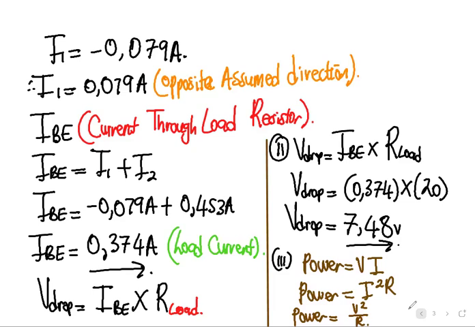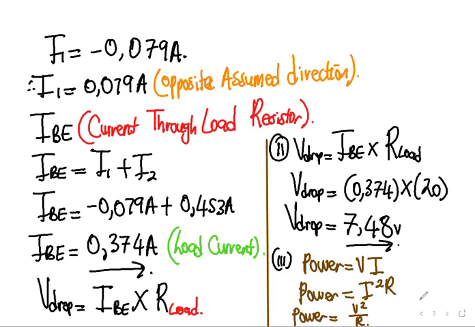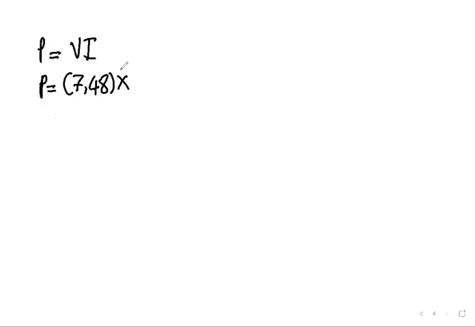Let's start with the first one. P is equal to VI. So our voltage drop, which we recently got, is 7.48, multiplied by the current IB, which is the current through the load resistor, 0.374.